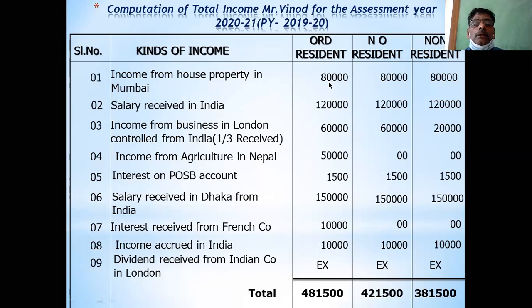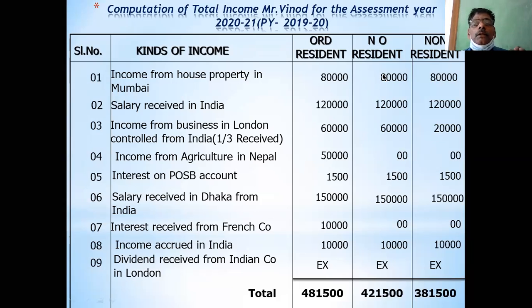If the received word or the earned word is there, you take it in the first column. It may be received in India, received outside India, earned in India, or earned outside India. Whatever the place, the earned word or received word comes in the first column.